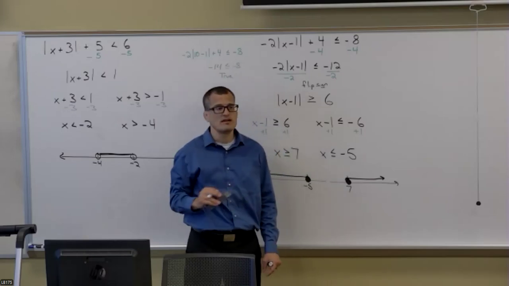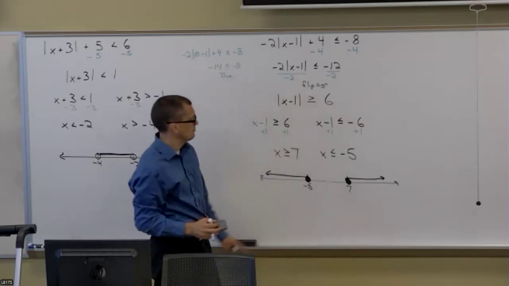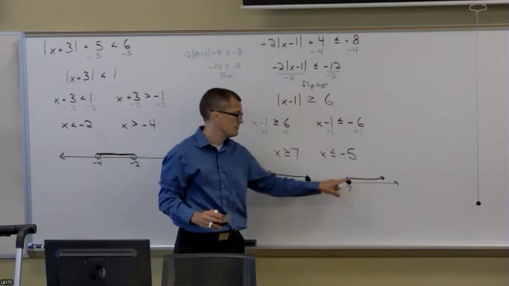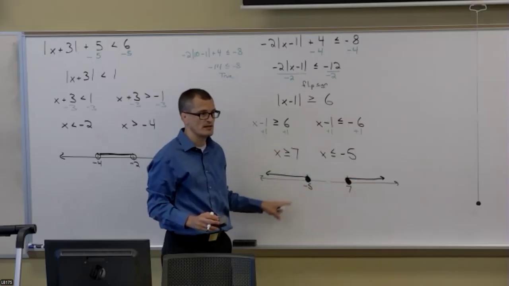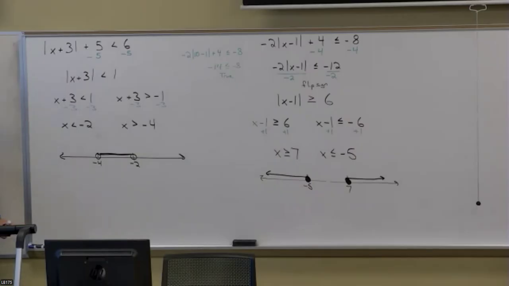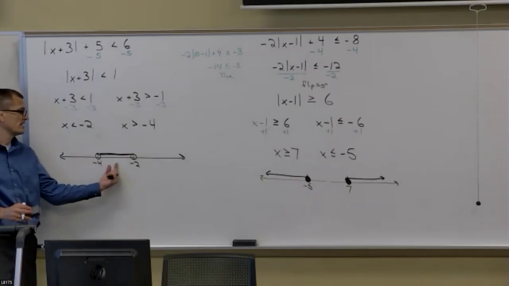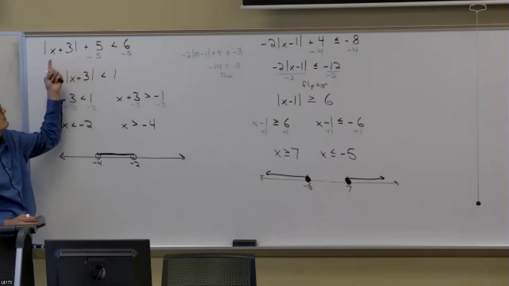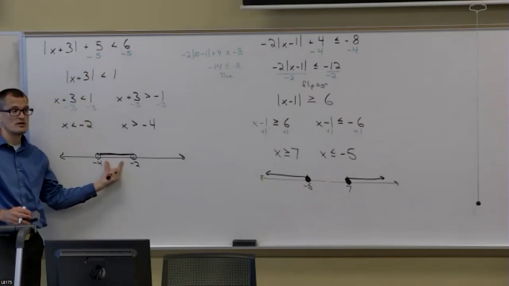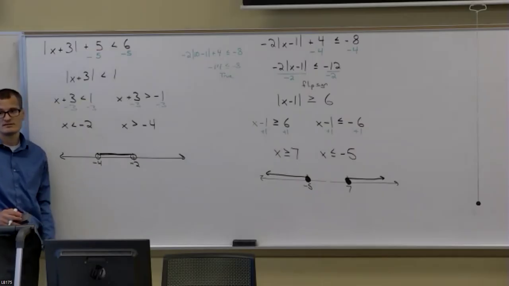So if you're ever in doubt, you can just pick numbers in whatever section we're at, plug them in and see if you get a true statement. Here you could have plugged in a negative 3 and you ended up with 5 less than 6, that's true. So shade in the middle.